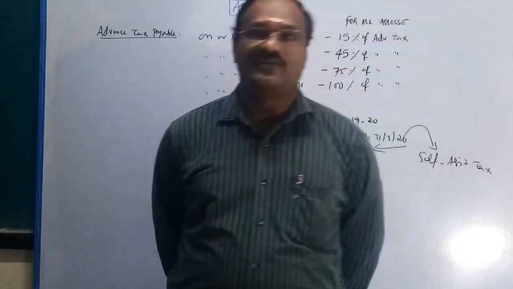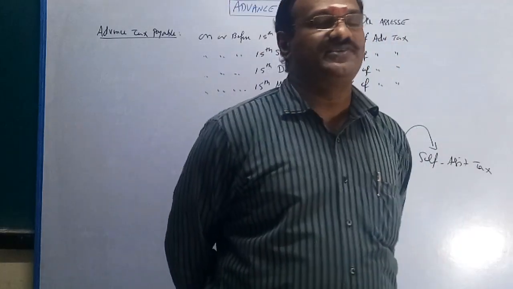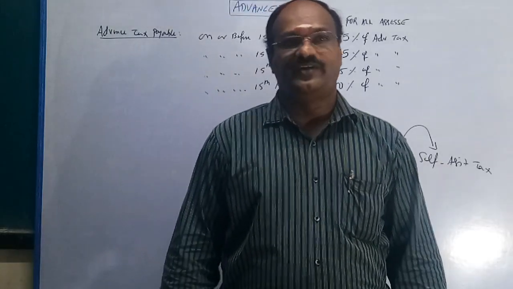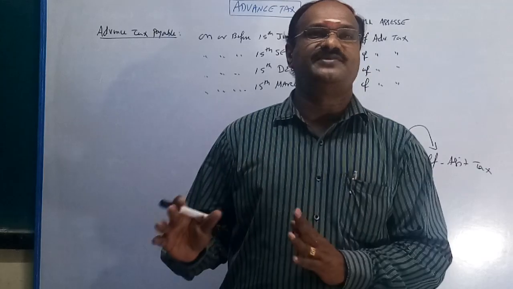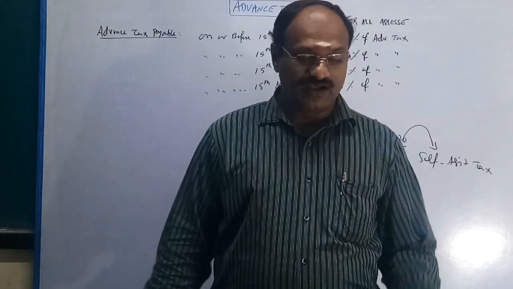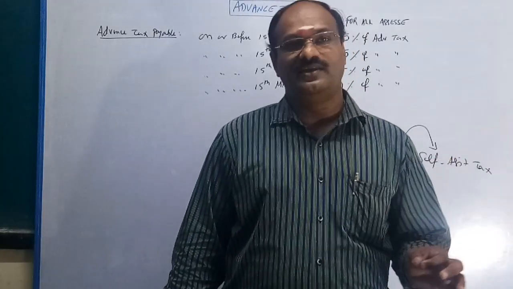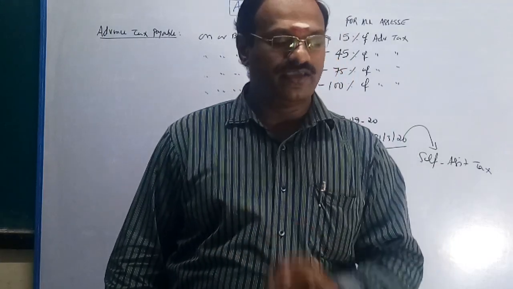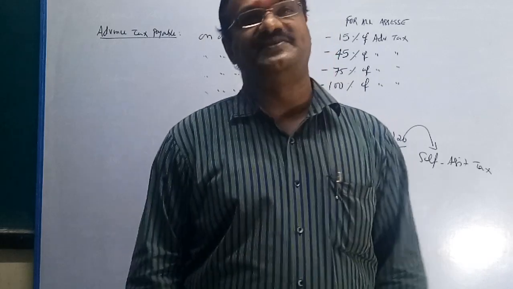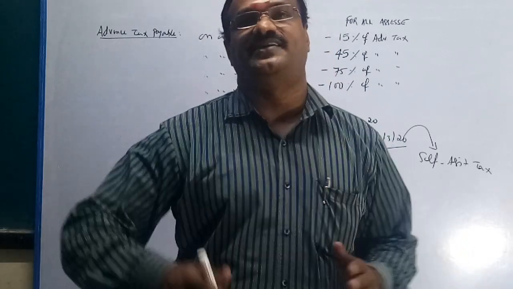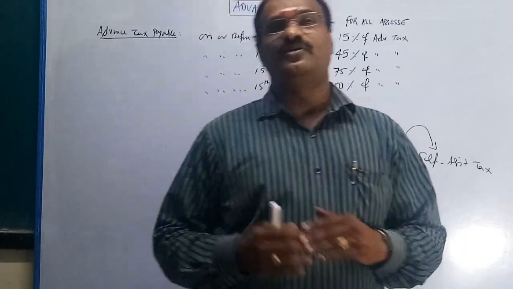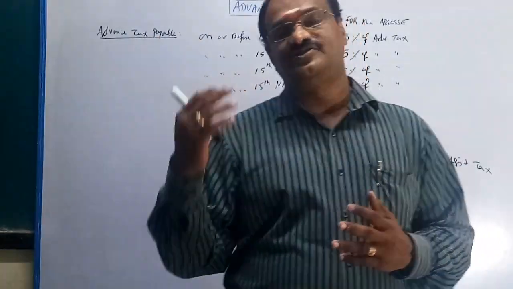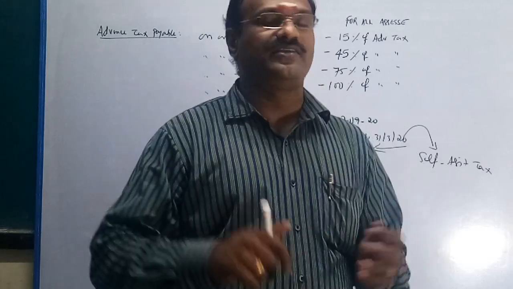Then, not applicable for senior citizens. Advance tax provisions are not applicable in case of a resident senior citizen not having income from business. That is, a senior citizen's major source of income is either salary by way of pension, or house property income, or capital gain, or other sources.